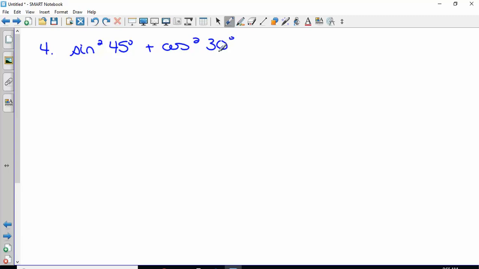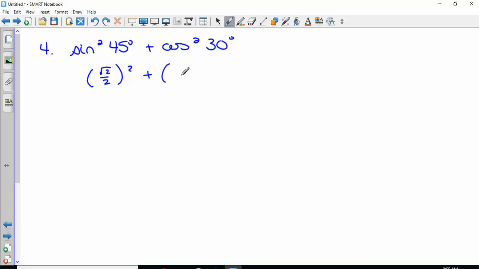Alright, so problem 4, sine squared of 45 degrees plus cosine squared of 30 degrees. So, sine of 45, remember our hand trick? We have 0, 30, 45. Sine is the square root of the top over 2. So that would be the square root of 2 over 2 squared.